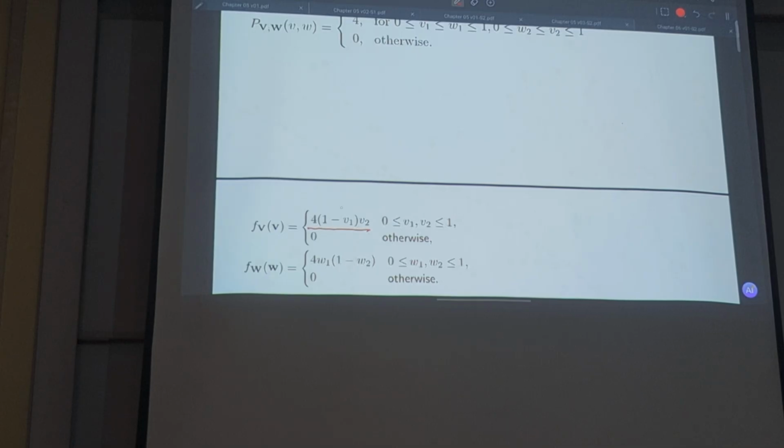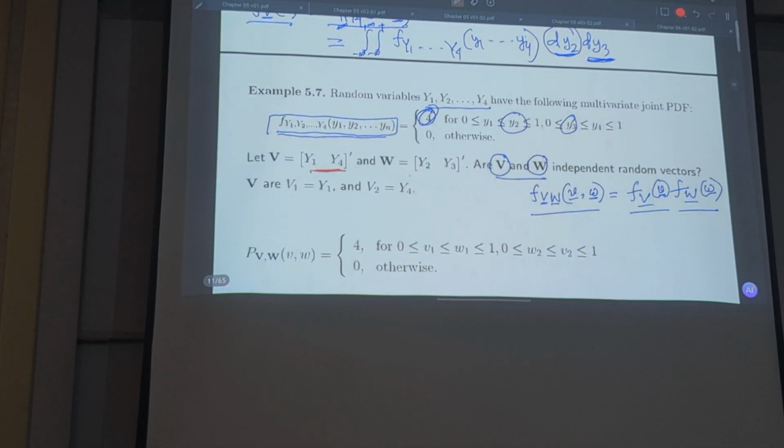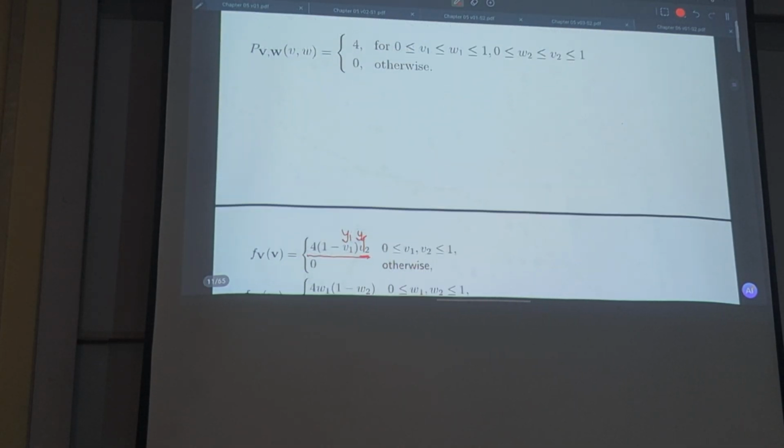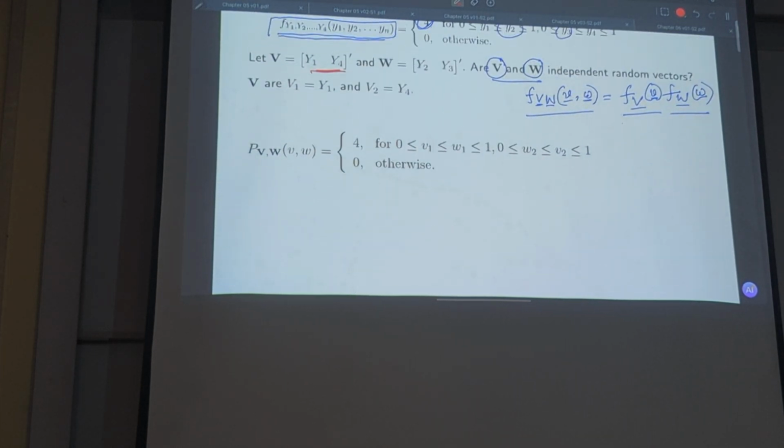As we know, v1 is y1 and v2 is y4. Now we have the PDF for V available.